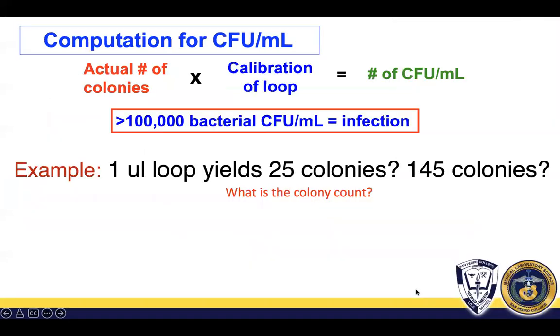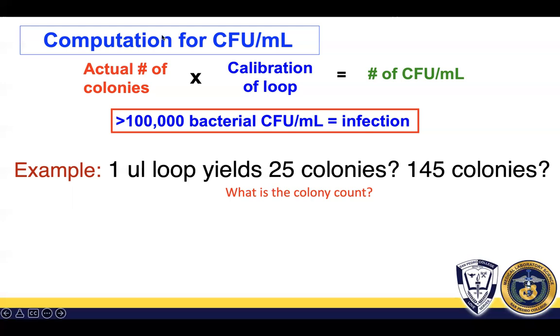Once you have your colonies counted, you simply compute for colony forming units per ml. Remember, the unit here is per ml, and the loop that we have used is in microliters. To convert to milliliters, remember there are 1,000 microliters in 1 ml.